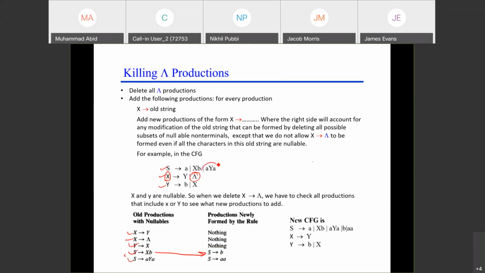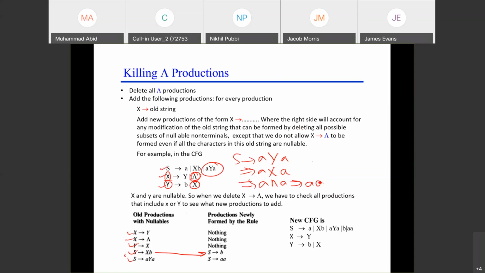Then let's see another production rule. S can be replaced by AY. Now look at this one. When you have S can be replaced by AY, Y can be replaced by X by this production rule, and X can be replaced by lambda by this production rule. And finally, it will be A. So indirectly, Y can be replaced by X, X can be replaced by lambda, and lambda vanishes when you concatenate with the word.